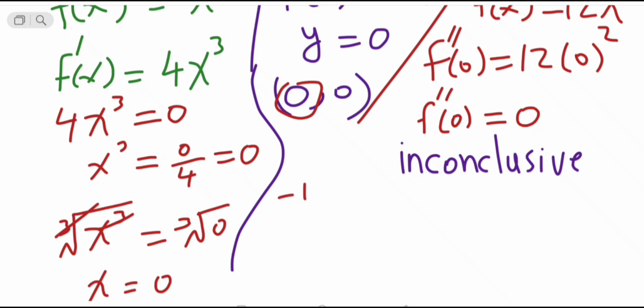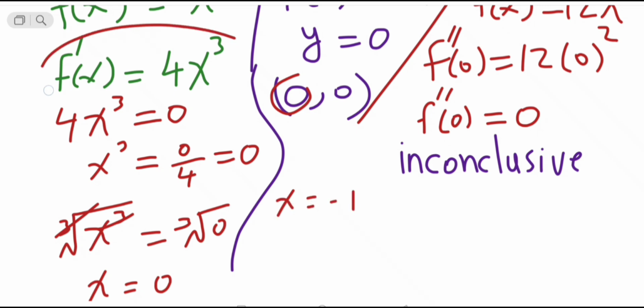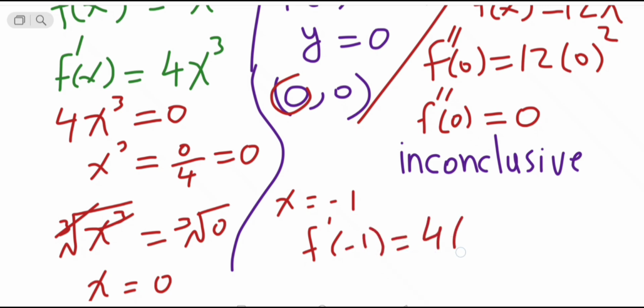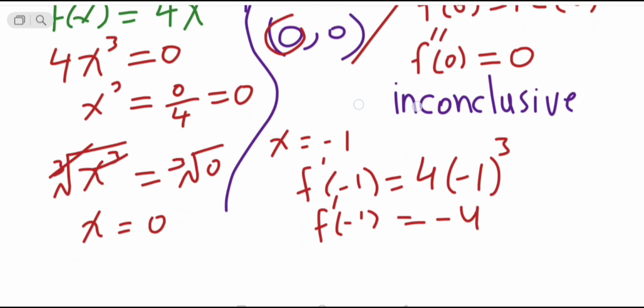Substituting x equals -1 into f dash: 4 times (-1) to the power 3, and (-1) to the power 3 is -1, so -1 multiplied by 4 is -4. If I put a negative value, the answer is negative.